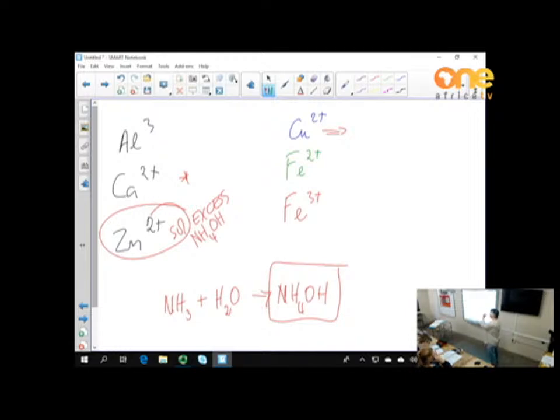But the light blue precipitate of copper, if I add excess ammonium hydroxide, it forms the ammoniated complex ion, which is a deep dark blue solution. About the color of your shirt. That is the metal ions.